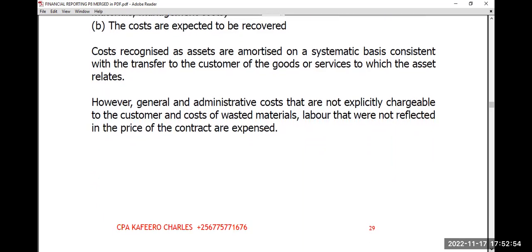Then we have costs that are more or less the same, consistent with the transfer of goods and services, with the asset. But we have general and administrative costs that are not explicitly chargeable to the customer, and the costs of wasted material and labor that were not reflected in the price of the contract, which are expensed.